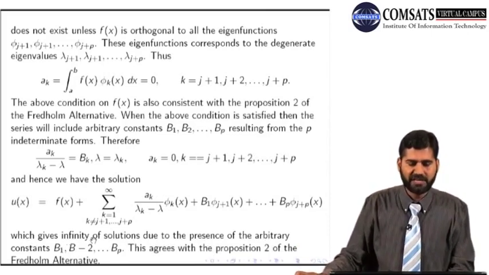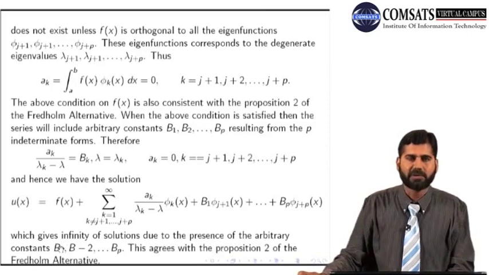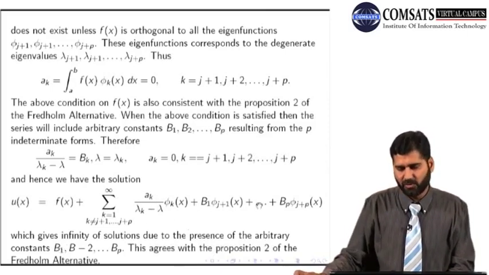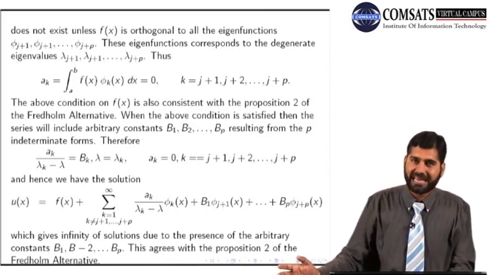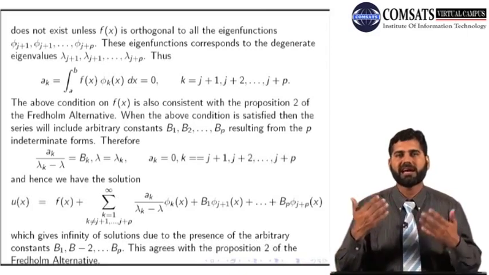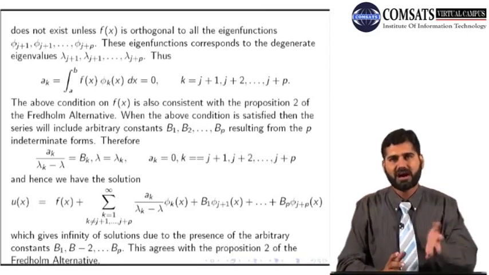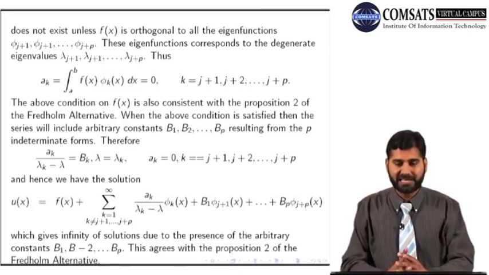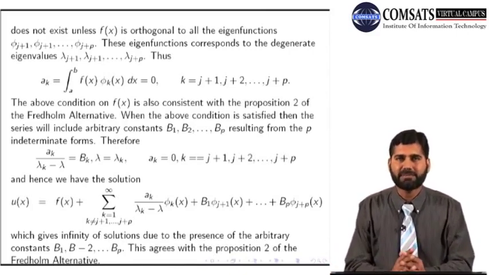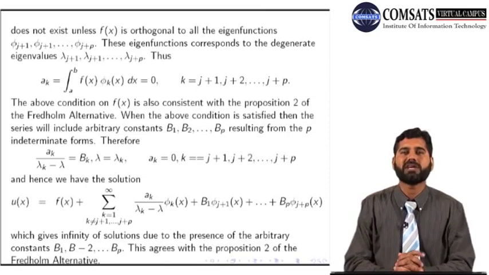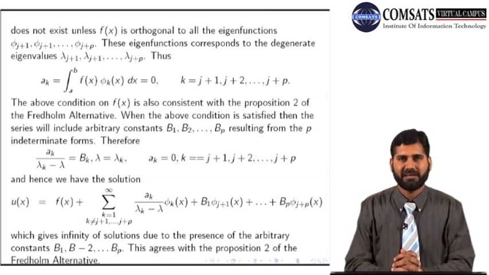This gives infinitely many solutions due to the presence of arbitrary constants. Now this is not a unique solution. Why? Because b1, b2 up to bp are arbitrary. If they are arbitrary, they can take on any values, so we are getting an infinite number of solutions, not a unique solution. So again, when we take lambda to be an eigenvalue, our solutions are not unique; there are infinitely many.